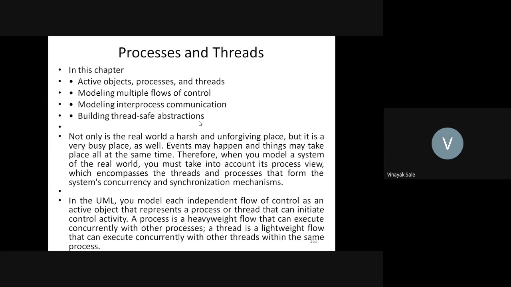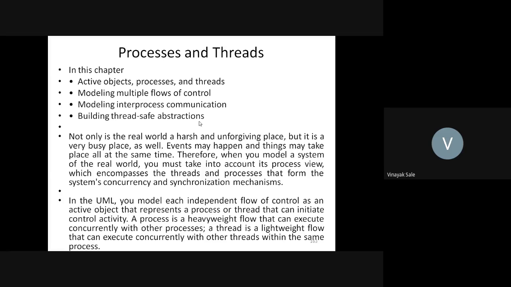In the UML, you model each independent flow of control as an active object that represents a process or a thread that can initiate control activity. A process is a heavyweight flow that can execute concurrently with other processes.